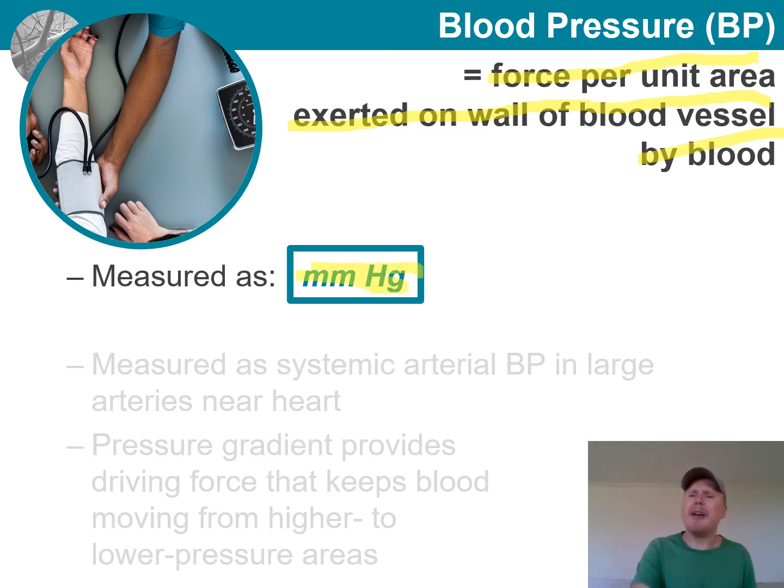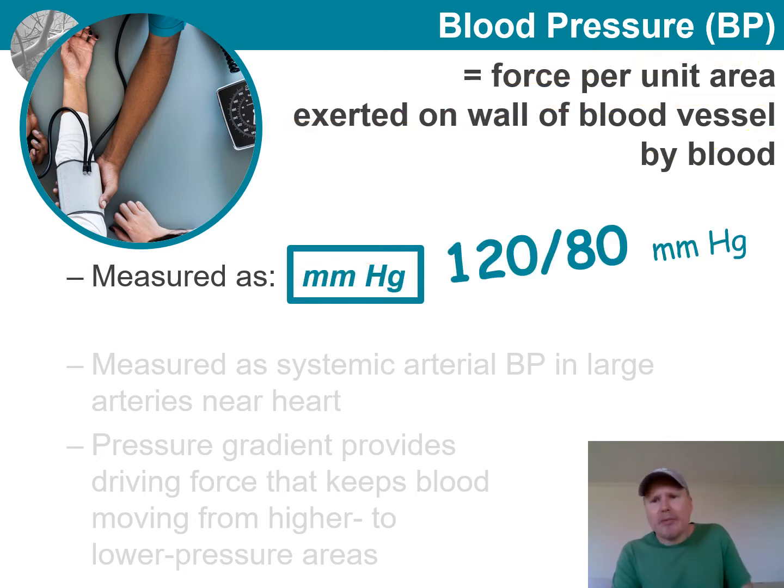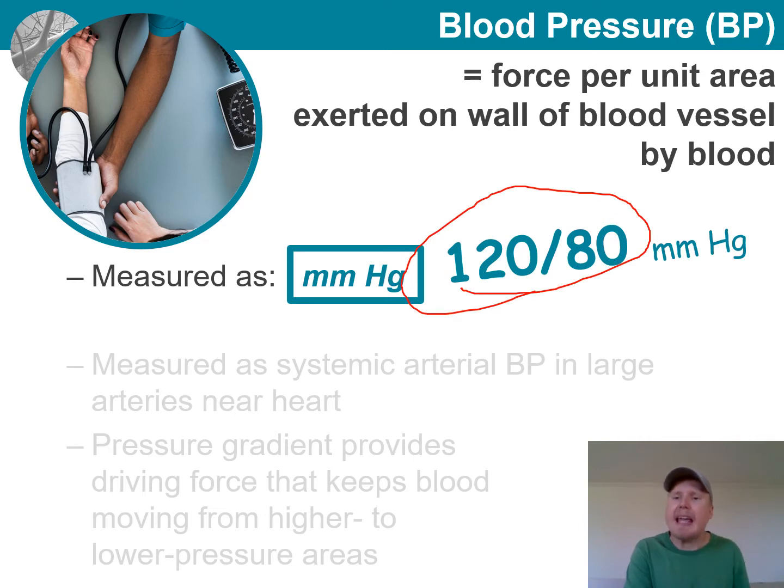So what is normal blood pressure? Well, the values range a little bit and get redefined every now and then. But somewhere around 120/80 millimeters of mercury.